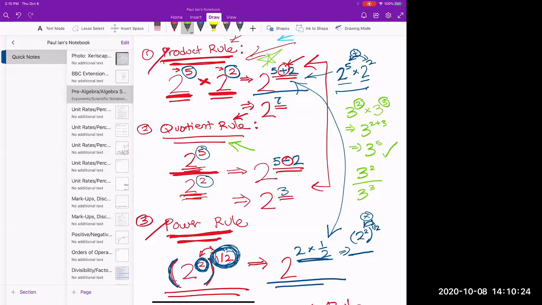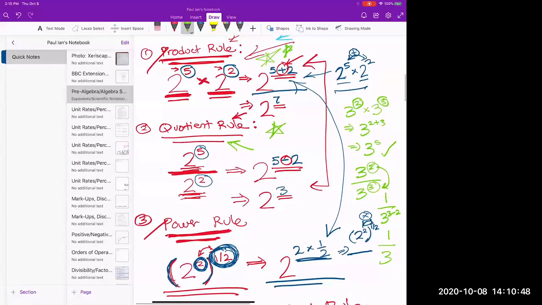The trick to it is you just subtract the small one from the big one. So you go 3 minus 2, and so it's 1/3. So quotient rule and product rule, these are pretty common. These are the ones that you'll probably remember most.